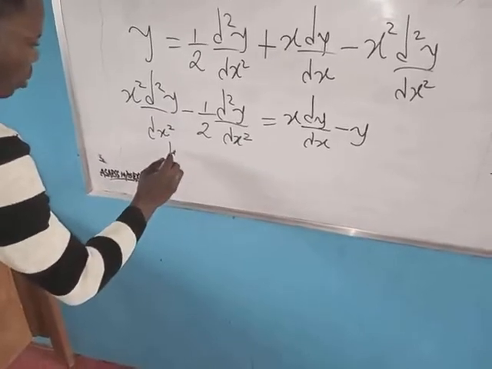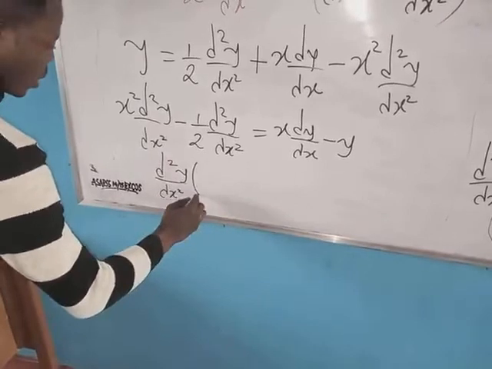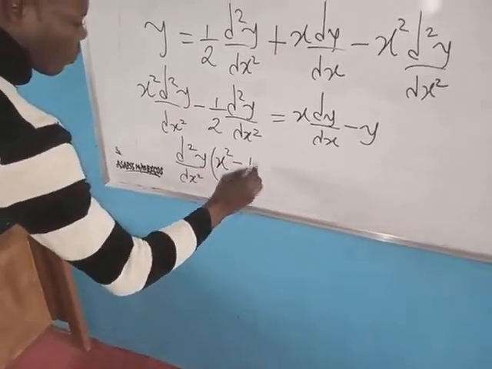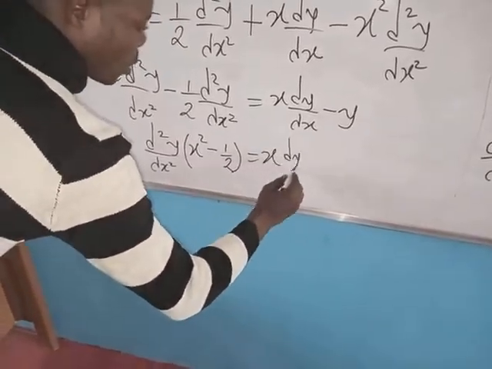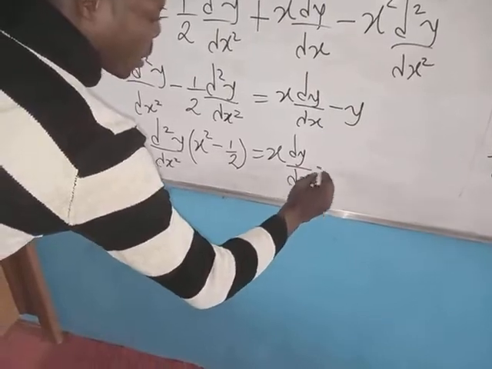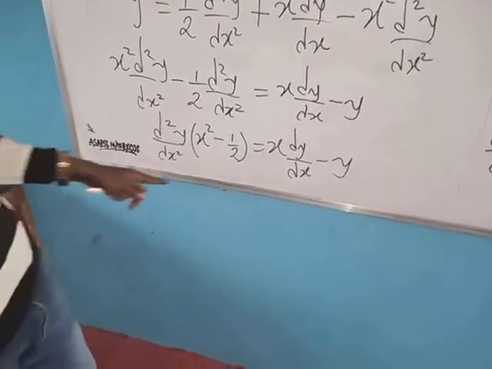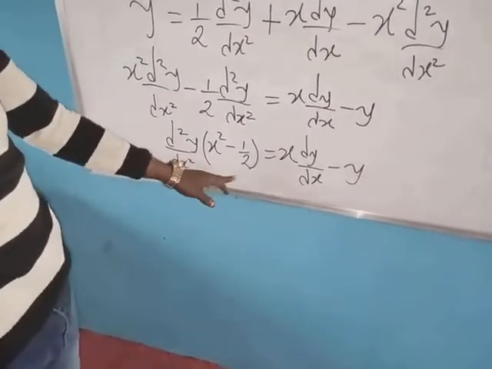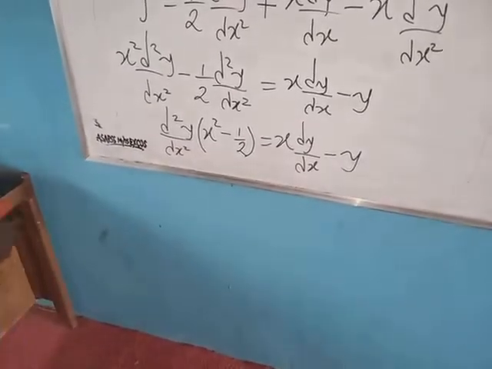I will take this out, d squared y by dx squared into x squared minus half, equal to x dy by dx minus y. So now I can find the LCM of this to clear the fraction if I like, or I will leave it in that form.